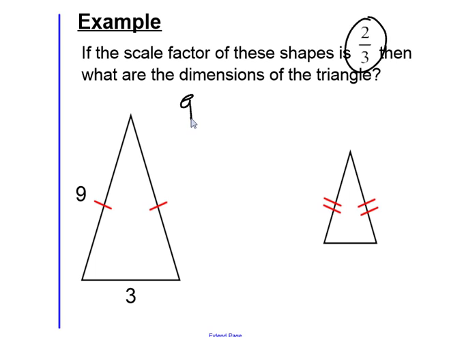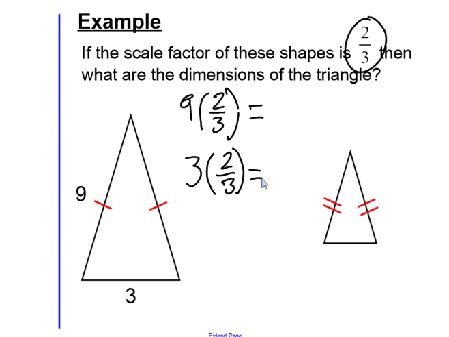So 9 times 2/3, and 3 times 2/3. 9 times 2 is 18, divided by 3 is 6. 3 times 2 is 6, divided by 3 is 2. So my new sides of my new triangle are 6 and 2.